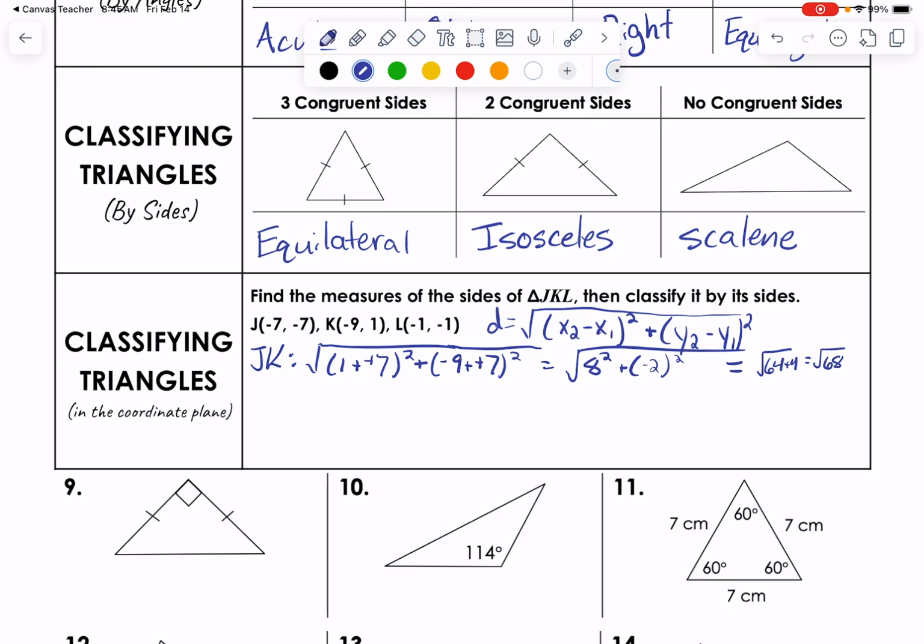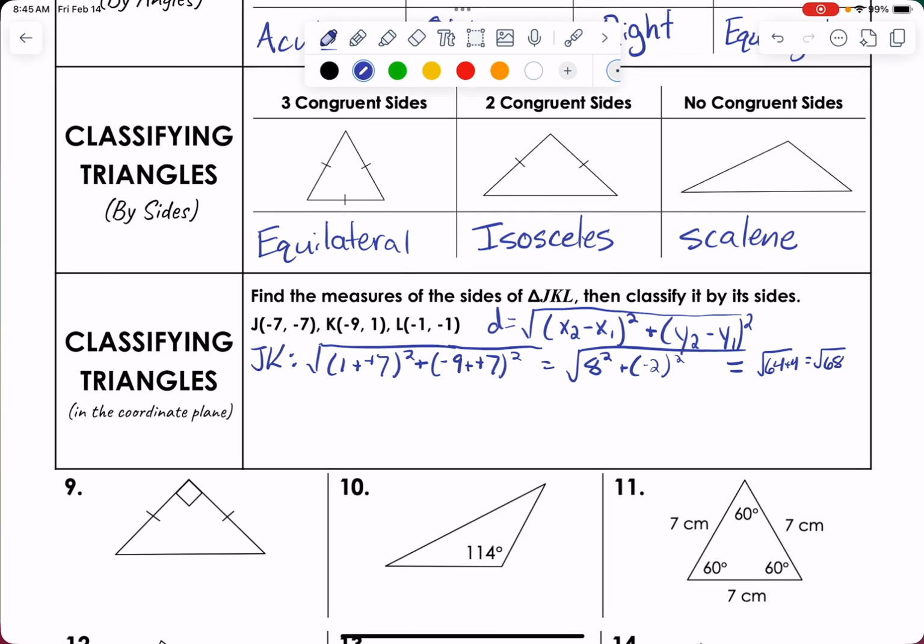And I believe we can divide a 4 out of that. So if we do 68 over 4, we get 17. So the square root of 68 breaks down into 4 and 17. So it's actually 2 root 17.